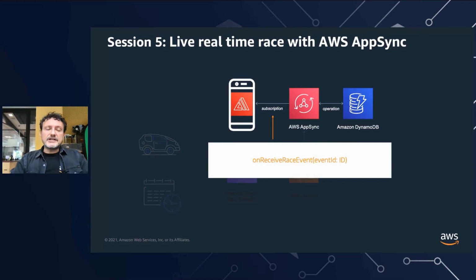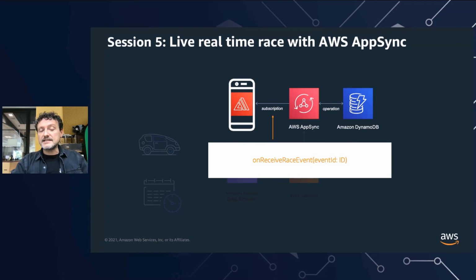To build this architecture during the workshop, we're going to build it in 3 phases. The first phase is about defining a new model, a new type, in AppSync, and defining a new subscription that is used by the client to receive real-time race events based on the event ID.